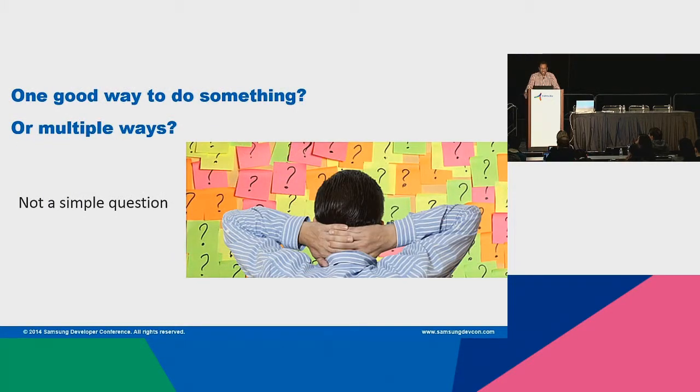One question that we get quite often is, is it better to design one way to do something, or should you provide multiple ways of doing something? There really isn't an easy answer for this, but we have some guidelines that you should consider. The more ways there are to do things, the more complex the system becomes. People don't expect there to be multiple ways to do something, and if there are, there's a tendency to think that the different ways actually do different things instead of the same thing.